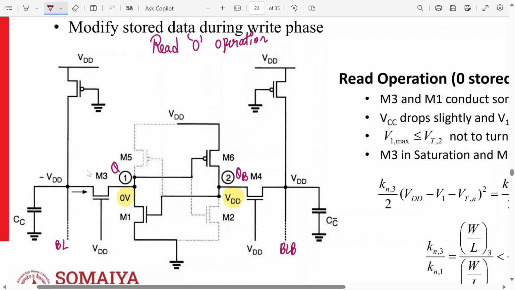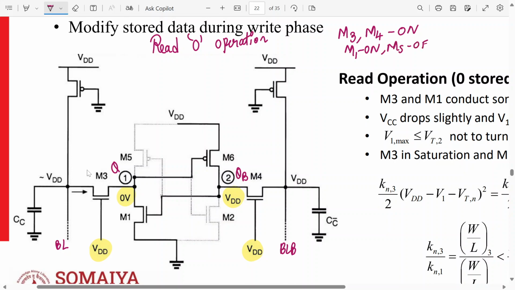Alright, so now how does this operate? Tell me. Word line is 1, so these are VDD as you can see over here. Word line becomes 1 means what? M4 and M3 are on. Now since this is 0 at the storage node Q, which transistor will be on? M1. So M1 is on and M5 is off.